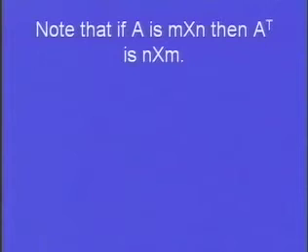Note that if A is an M by N matrix, then A transpose would be an N by M. That's because we're transferring rows into columns, columns into rows. So the number of rows in A would be the number of columns in A transpose. And similarly with N columns in A, that would be N rows in A transpose.